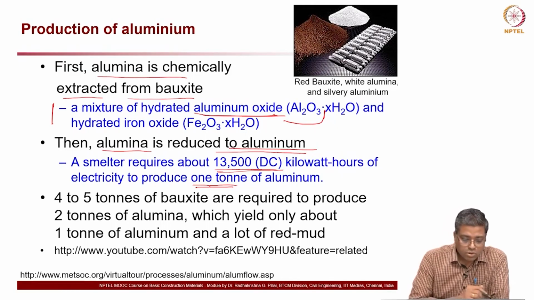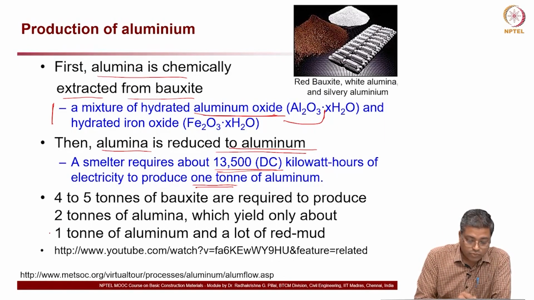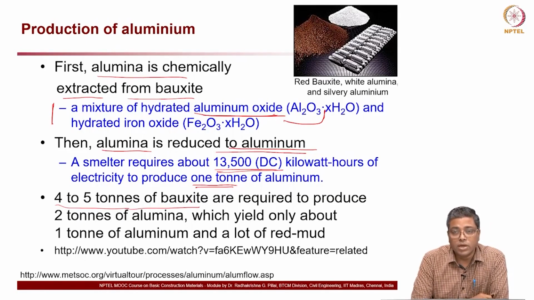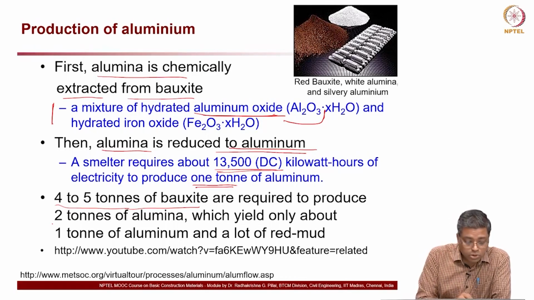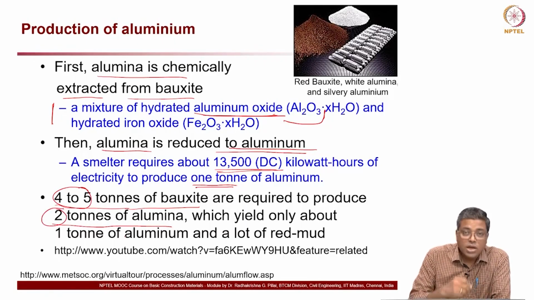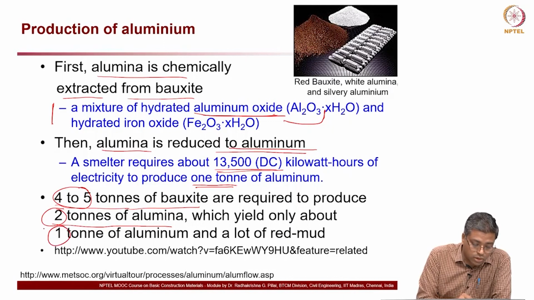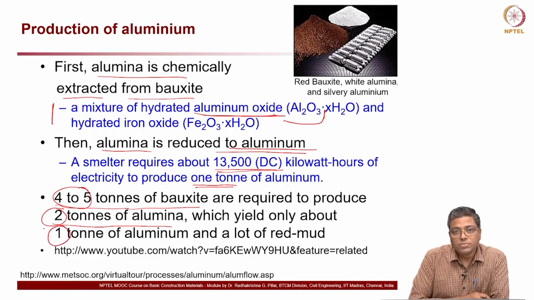Now, let us look at the other waste which is generated during the aluminum production. About 4 to 5 tons of bauxite is required to produce 2 tons of alumina. So, you can see from 4 to 5 tons only 2 tons of alumina you are getting, from which eventually you get only 1 ton of aluminum.